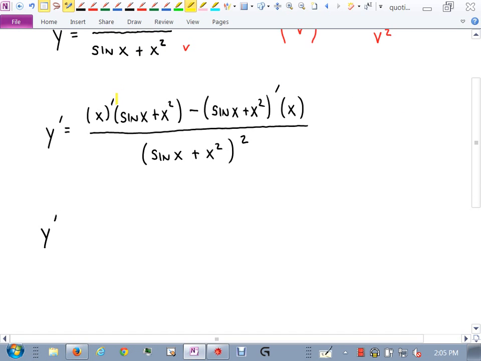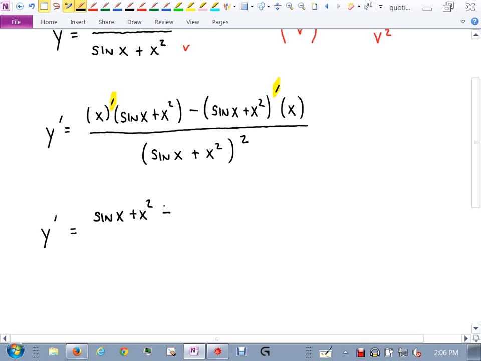So I had those little prime marks on there, right, this time? I probably won't do it after this one, but what's the derivative of x? 1 times that thing, right? It's 1 times this whole thing, which is just itself, right? Sine x plus x squared. Now be careful here because we have subtraction.